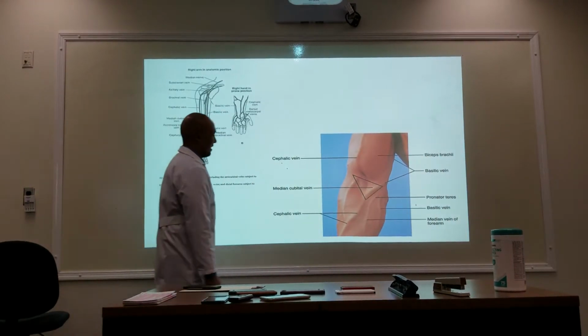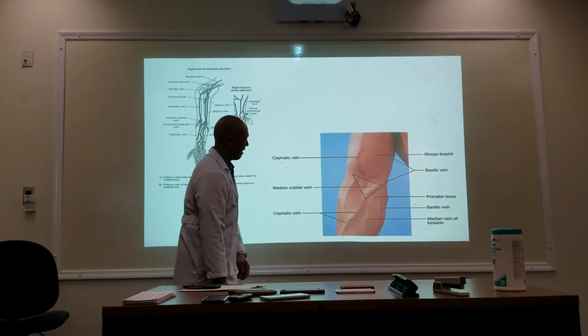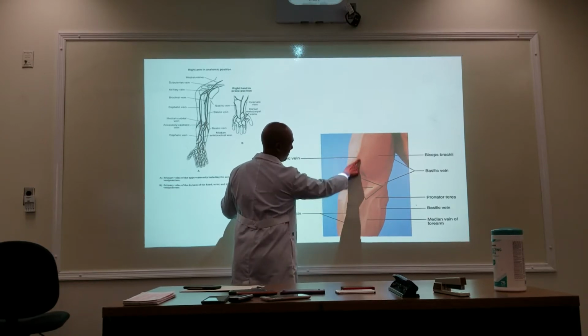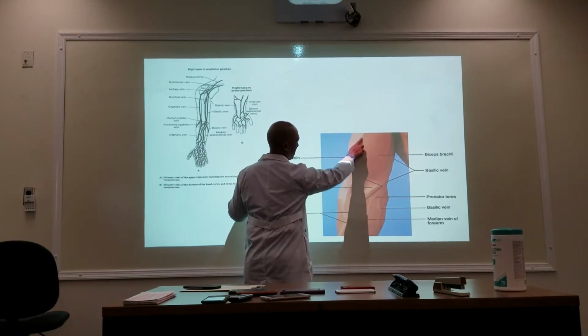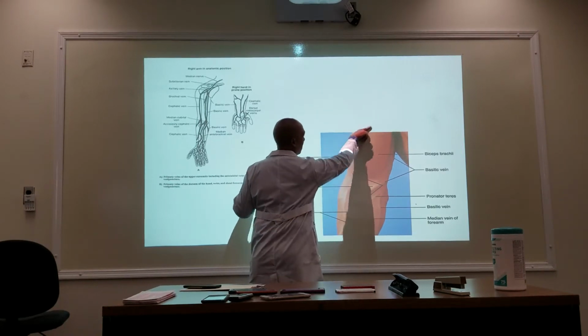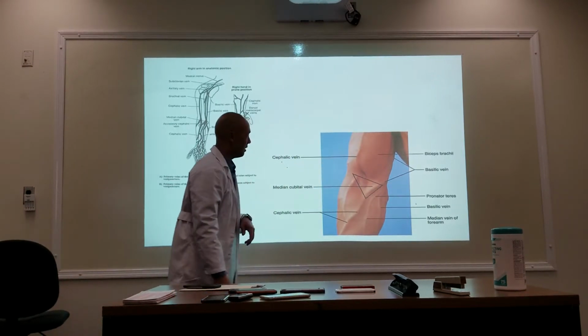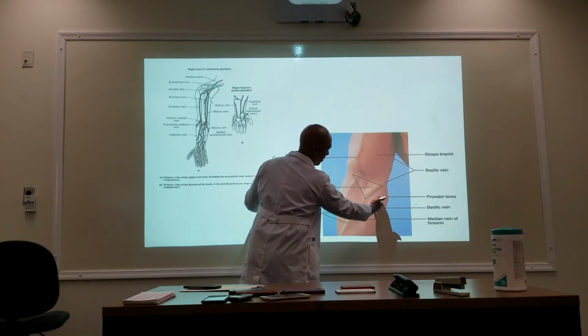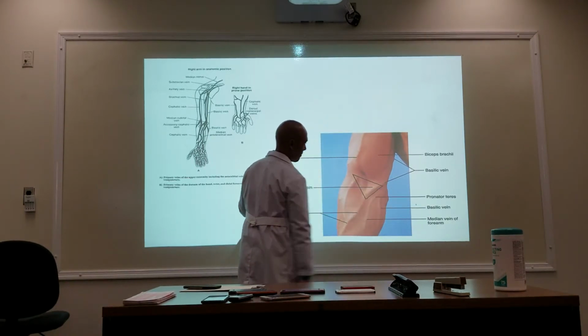So again, here, guys, we have the cephalic vein. It goes up this way. Cephalic goes up into the axillary and then the subclavian. You have the basilic wrapping around this way, also meeting up with that vein.